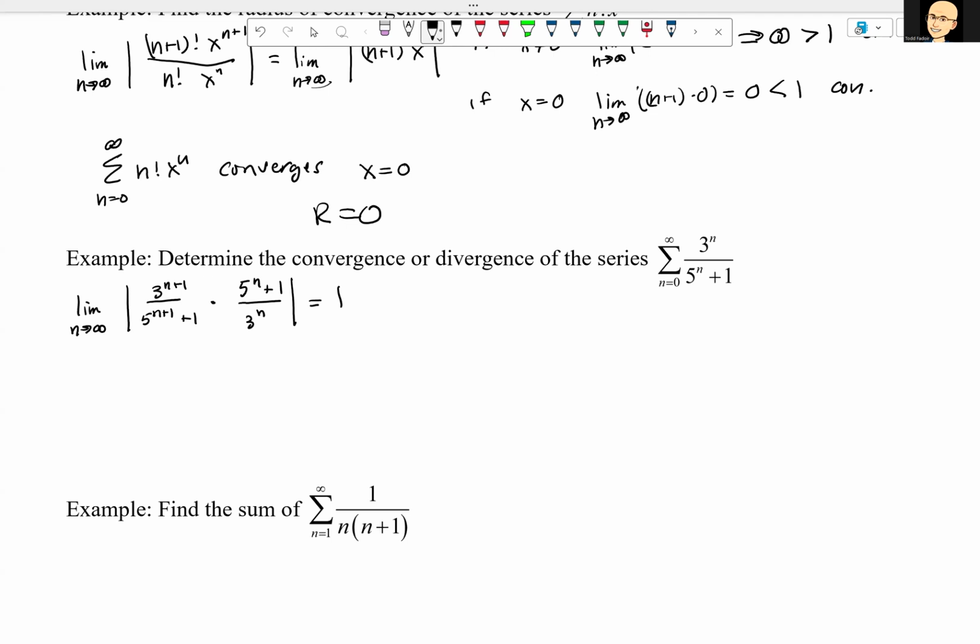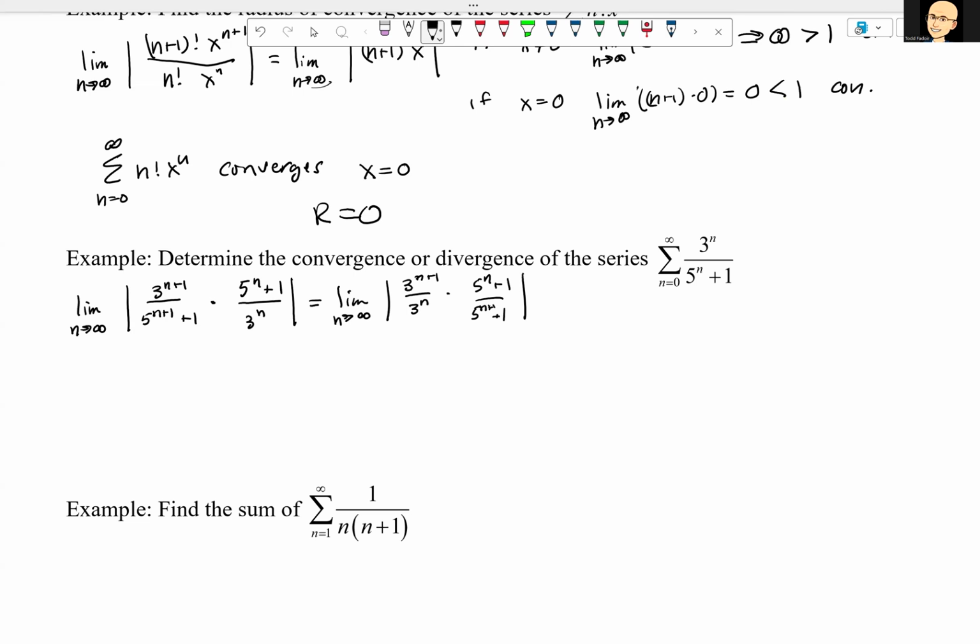All right. Limit as n goes to infinity. And this one, well, let's take 3^(n+1) over 3^n. Well, I know what's going to happen there. How about (5^n plus 1) over (5^(n+1) plus 1)?